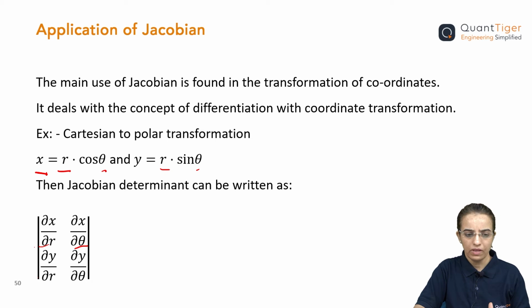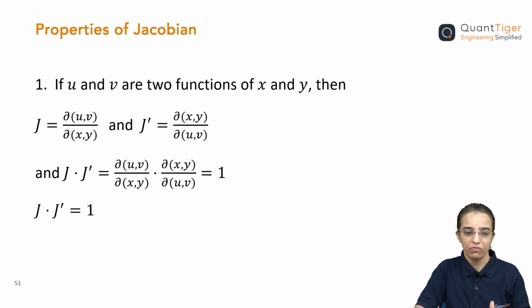Before we actually start with the questions, we will go through the properties of the Jacobian, so it will be easy to apply them in the questions. First property: if u and v are two functions of x and y, then the Jacobian is del of u, v upon del of x, y.